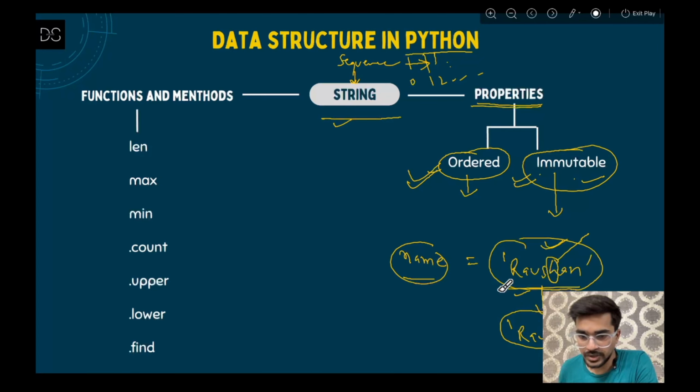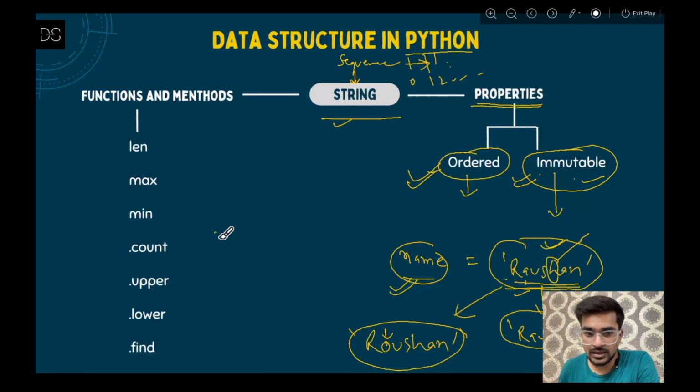Other thing what you can do, let's say you are telling that I want Roshan to be written like that. That means what you are doing, you are replacing A with O here. Now this is the changes that we are talking about. That means whatever the value initially you have defined for that variable name, you are not allowed to make changes in the value of that string.